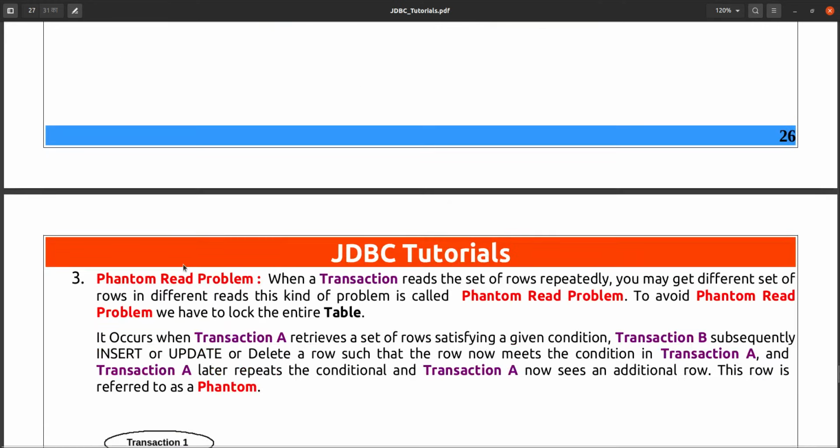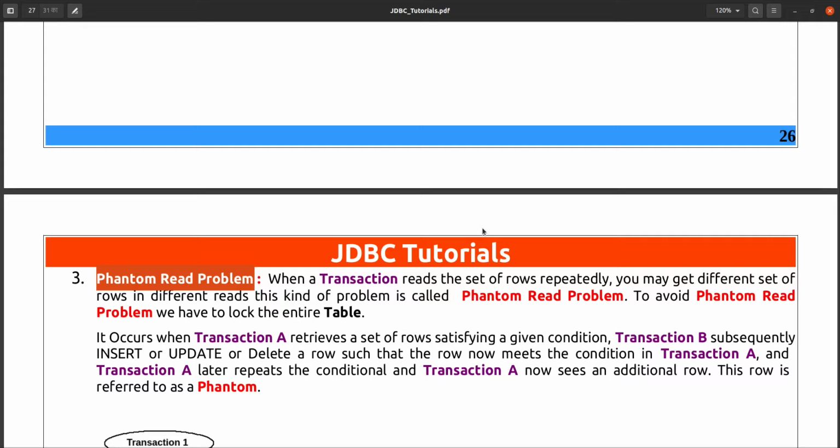And the last one is the phantom read problem. It mostly occurs when you are selecting multiple records, multiple rows, not one row. Suppose we are filtering using some criteria, for example select star from customer where customer city is Bengaluru, or Mumbai or Delhi or Chandigarh.